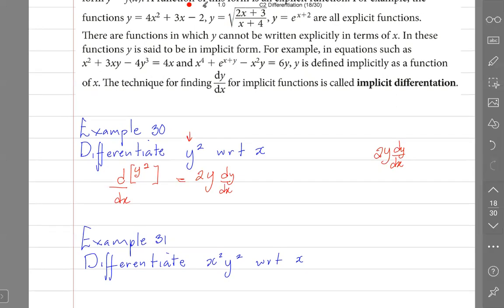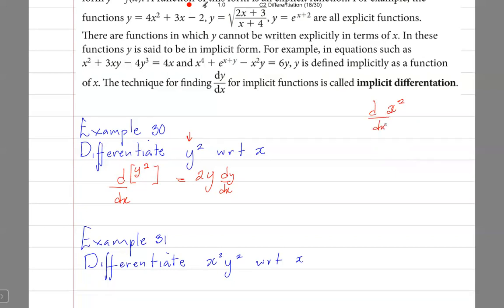Now, if I differentiate x squared with respect to x, I'm going to get 2x because I'm differentiating x squared with respect to x. But if I differentiate y squared with respect to x, not with respect to y, I'm going to get 2y. Then I have to multiply by the differential of y, which is dy by dx. This is just the way it is.